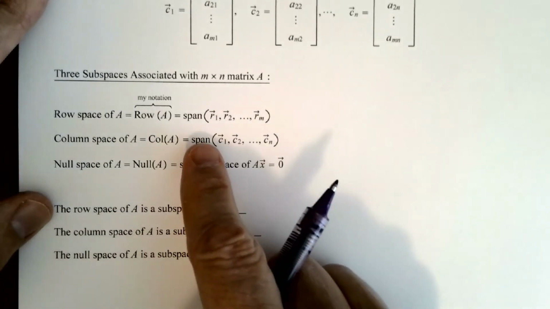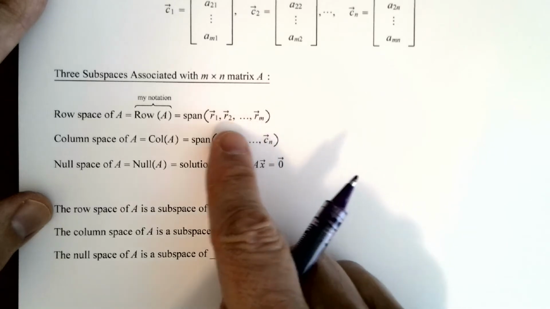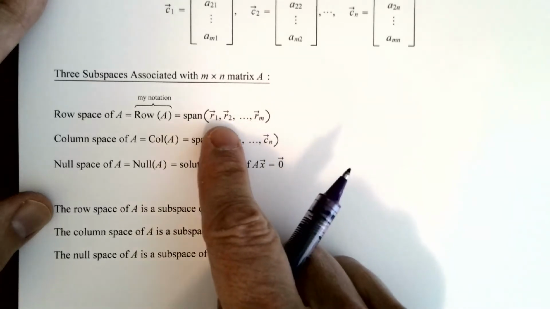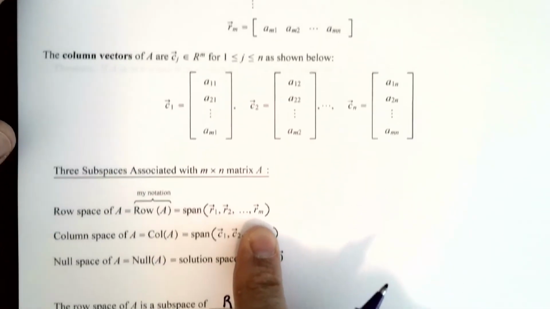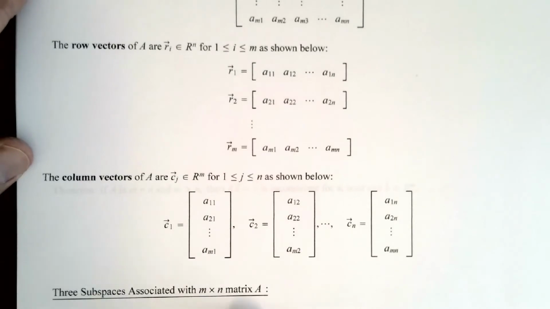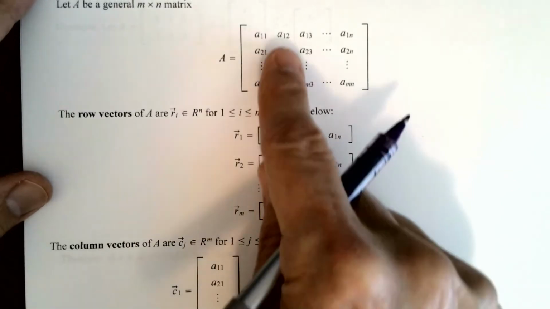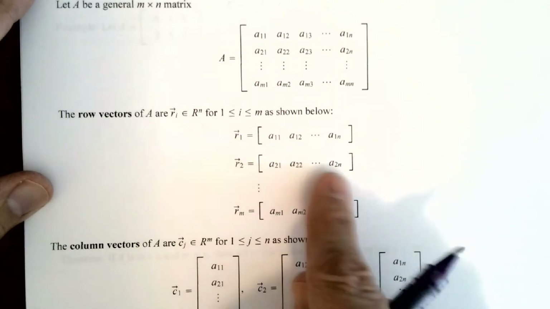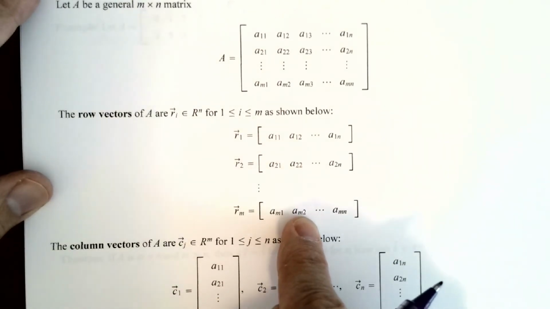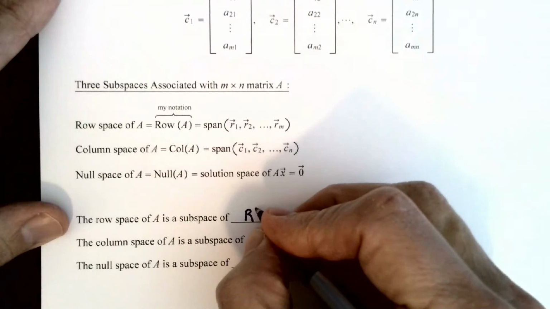The row space is the span of these m row vectors of A. So any object in the row space of A is a linear combination of these m row vectors. And look at the row vectors. Where do they reside? They reside in n space. They are n tuples, because that's the number of columns. That's how long they are. So any linear combination of these row vectors must be an n tuple. Therefore, it resides in n space, and therefore the row space is a subspace of n space.